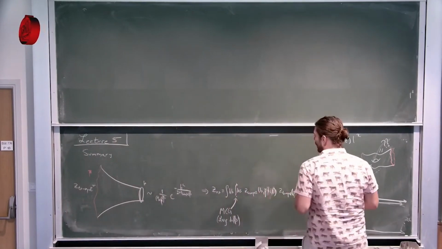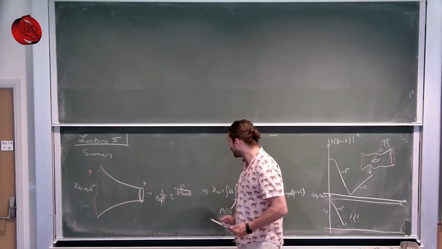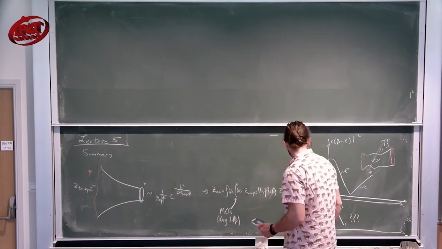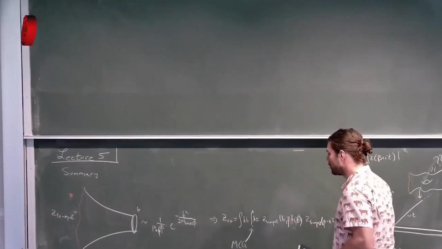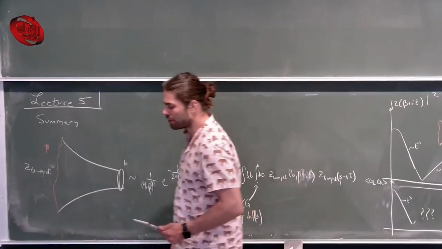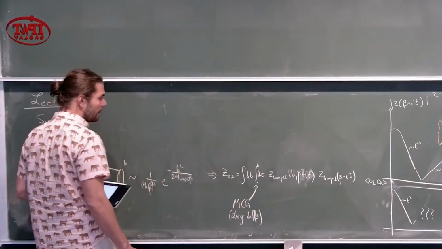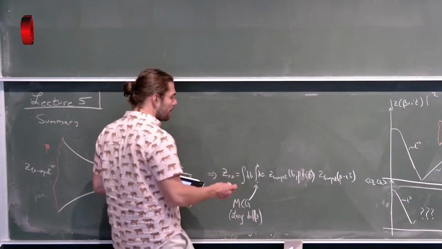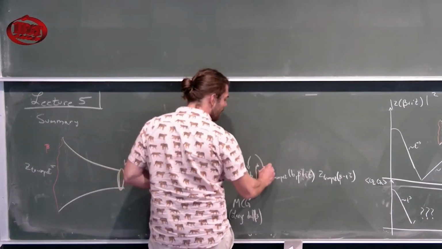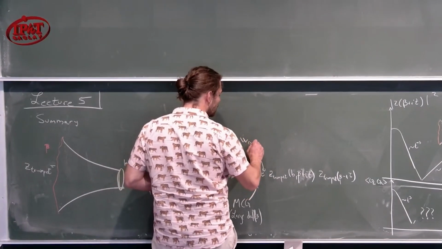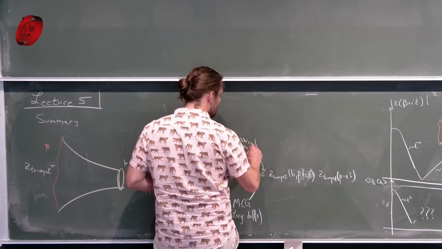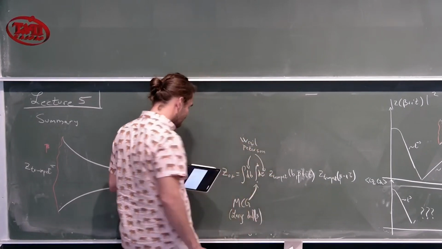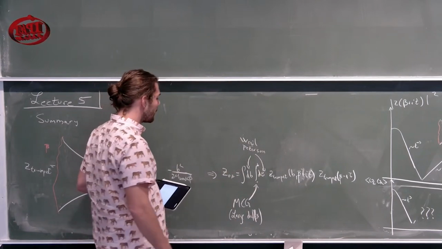So using this shape called the trumpet, we computed one of the first basic shapes, which was a cylinder. We computed the cylinder contribution to the gravitational partition function by gluing two trumpets together using what's called the Weil-Petersson measure.